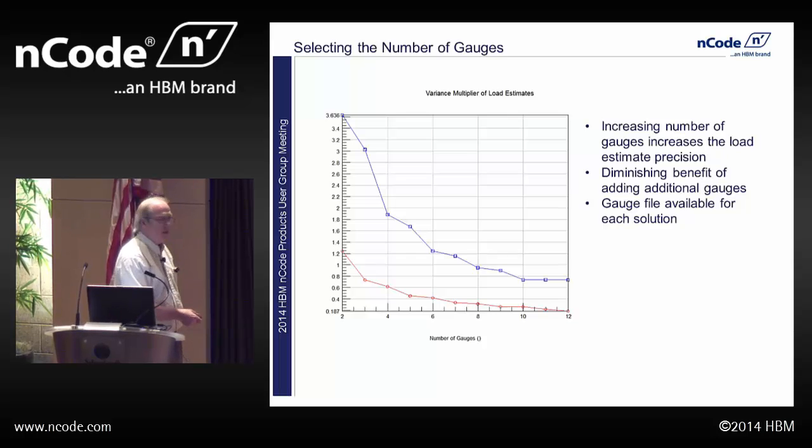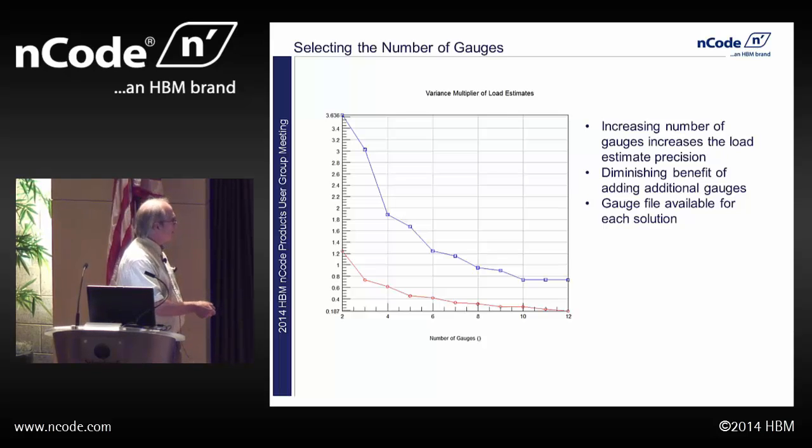And what we're looking for here is either a physical value of the variance that I'm going to require for my transducer, or it may be that I start to lose my benefit as I increase gauges.